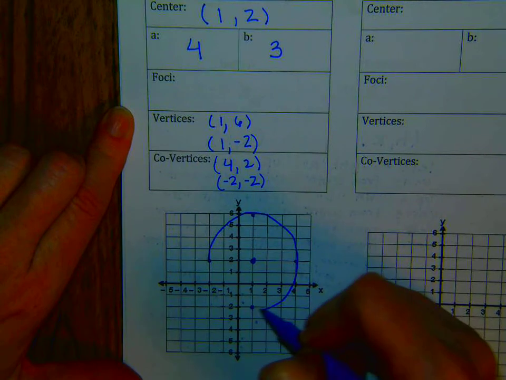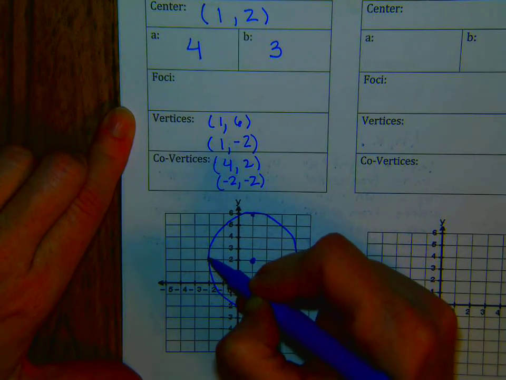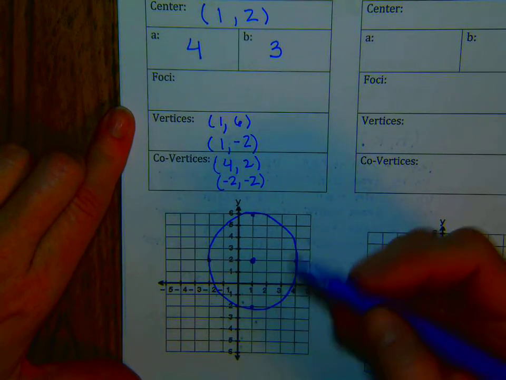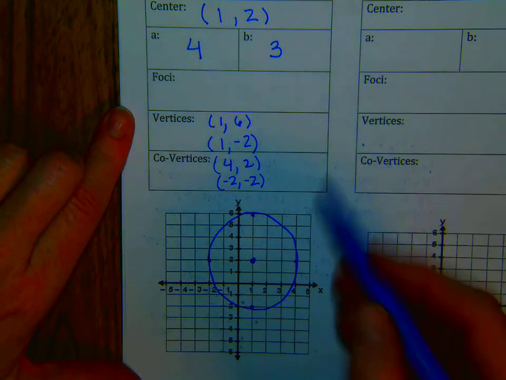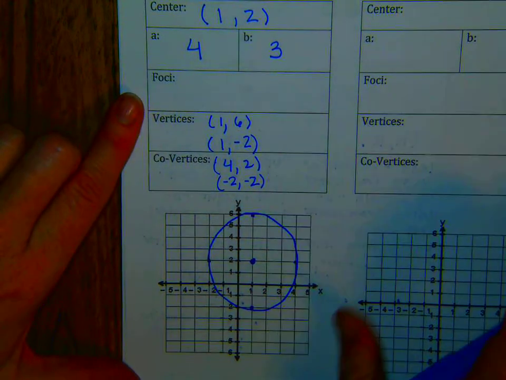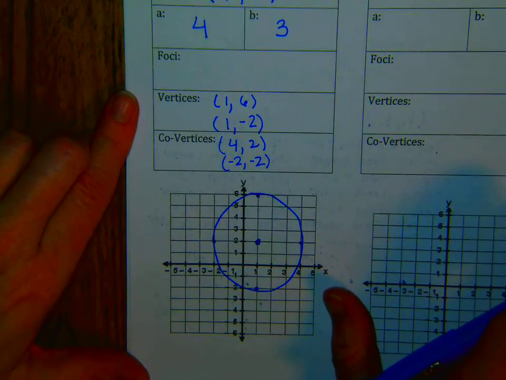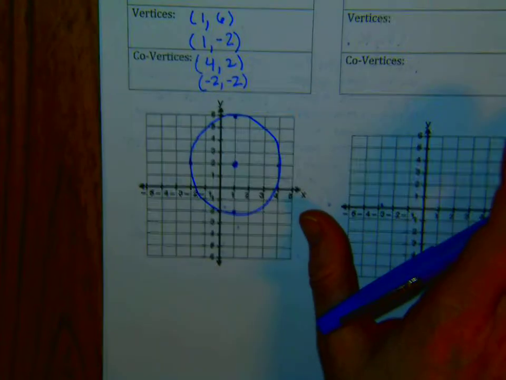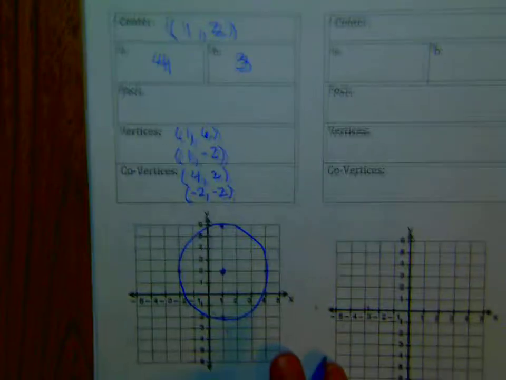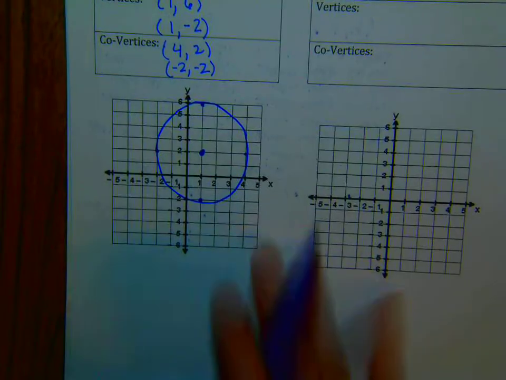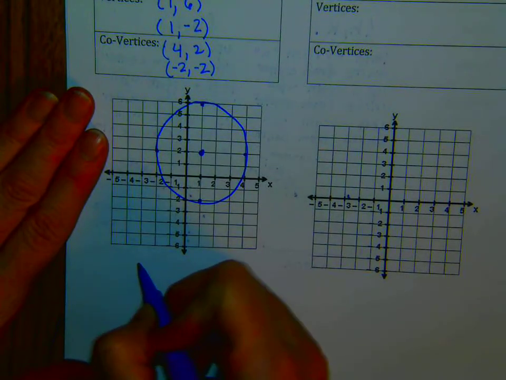And then I want to find my foci, so what do I need? I need to calculate c if I want to go any further. How do I do that? Well, I remember my equation on the first page: c squared equals a squared minus b squared.